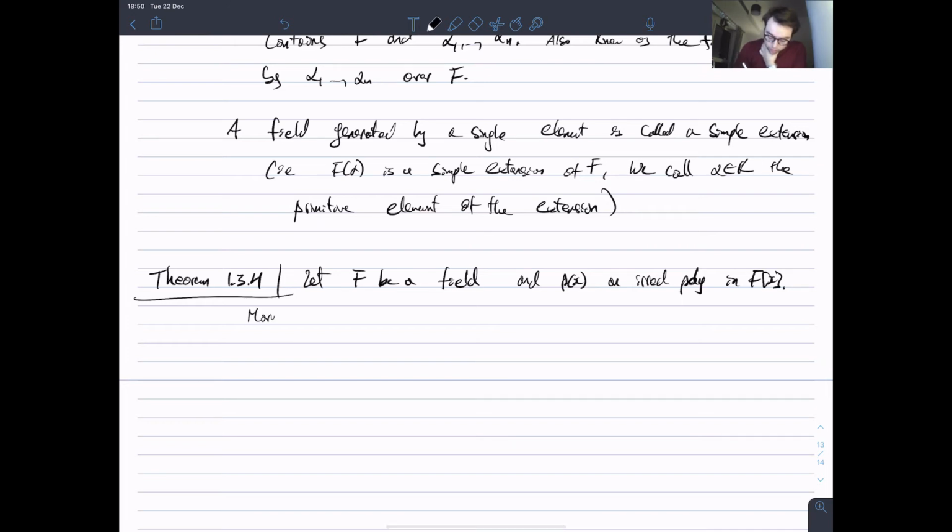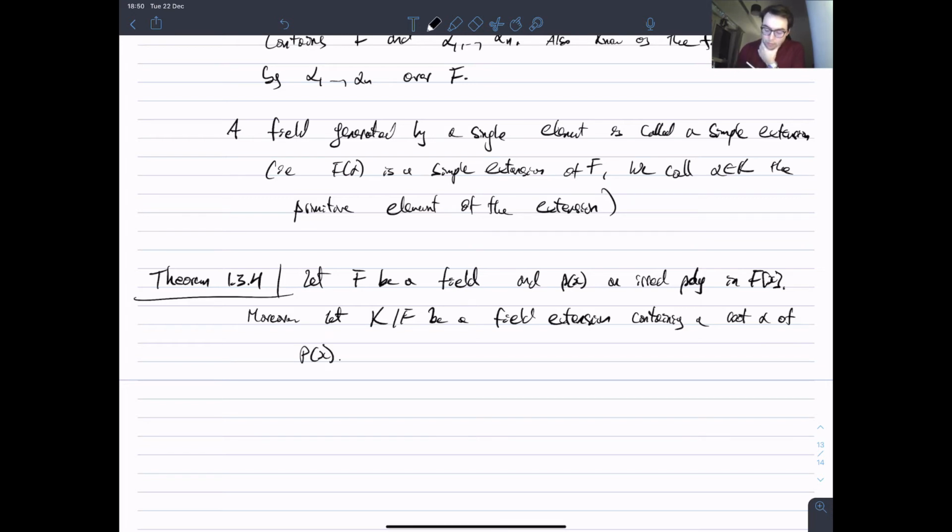And moreover, let K over F be a field extension containing a root alpha of P(X).